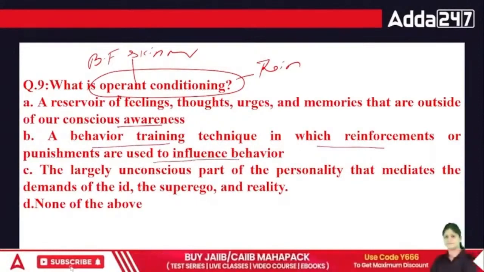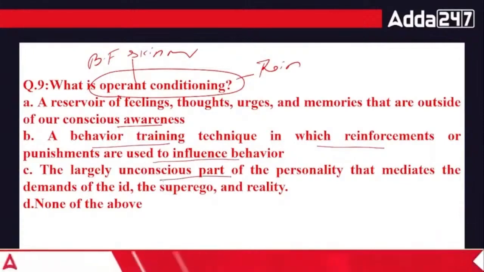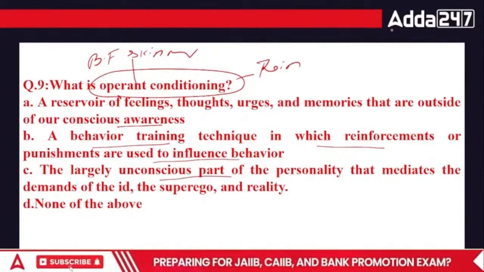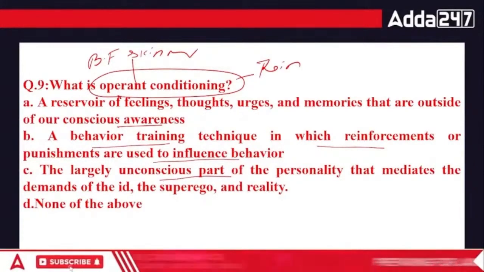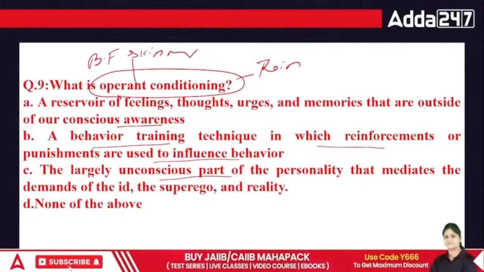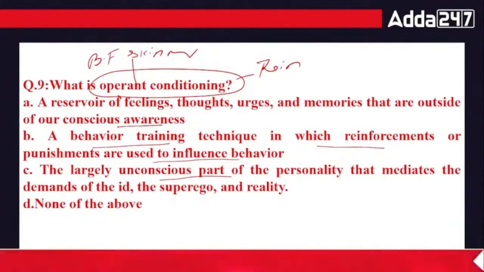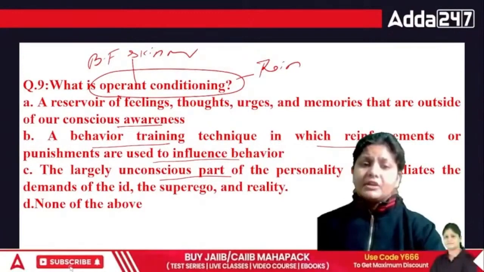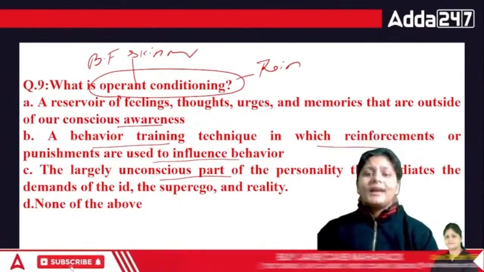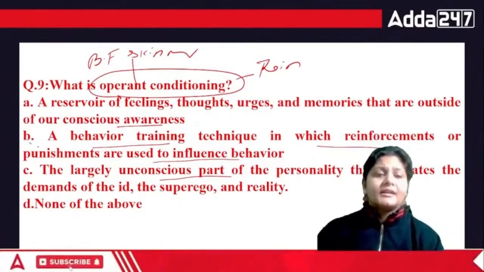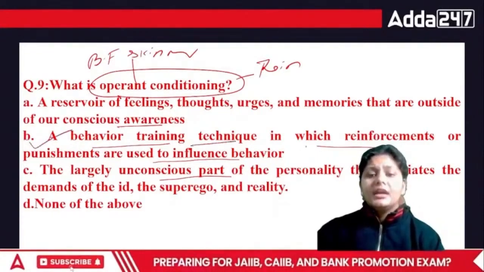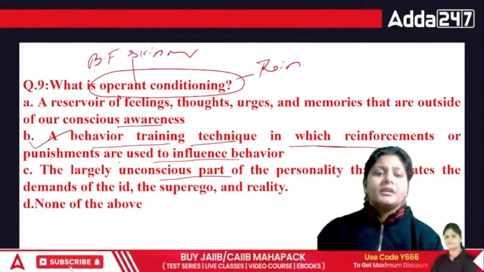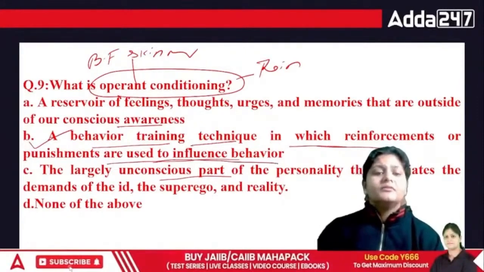Third, the largely unconscious part of the personality that mediates the demands of id, ego, superego and reality. So here we are talking about B, positive reinforcement and negative reinforcement: a behavior training technique in which reinforcement or punishment are used to influence behavior.